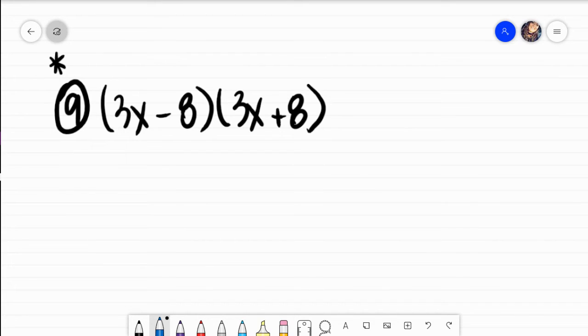Okay, y'all, there's an asterisk right here, and there's a reason, okay? So this is a binomial times a binomial. You can't really see it now, but I want to show you something. I'm going to show you it in an abstract way, okay? If they don't go into it in this section, that means they're probably going to go to it in 12.6, 12.7.